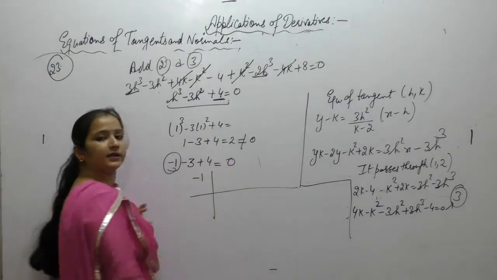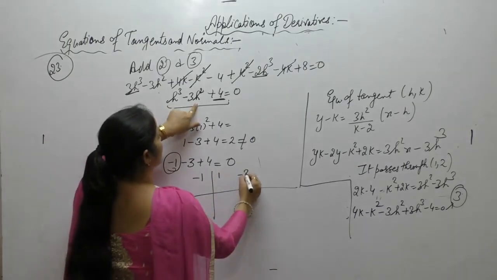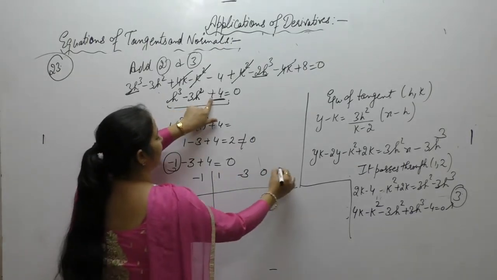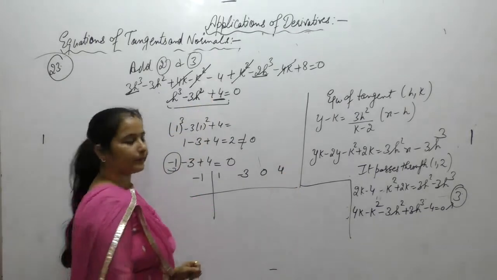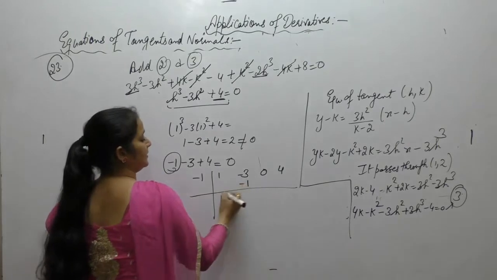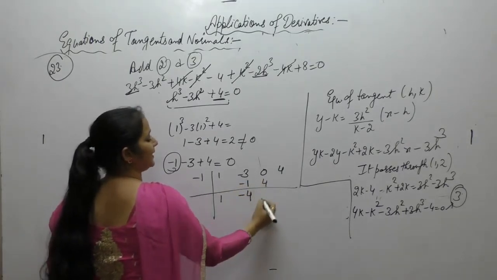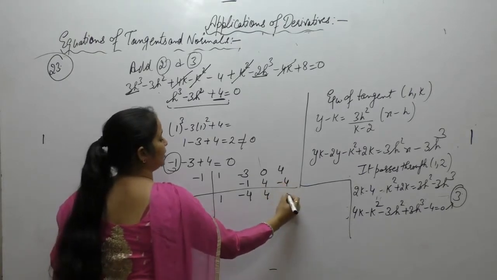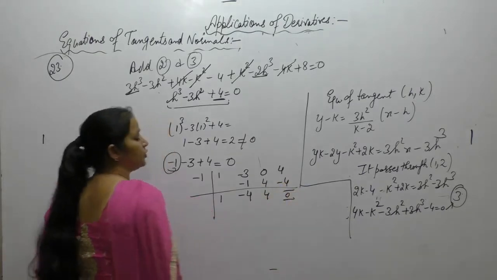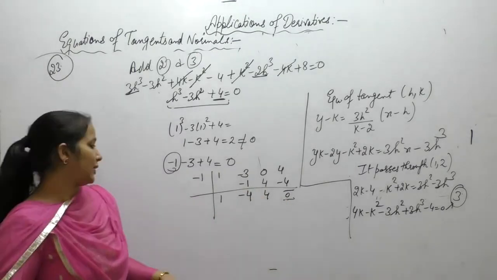Write that factor here. Now the coefficient of cube term, square term, x term which is not present here, and constant term. 1 as it is, multiply this. Minus 3 minus 1, multiply, 4. Now the last term is 0. You should be careful that the last term will come 0.